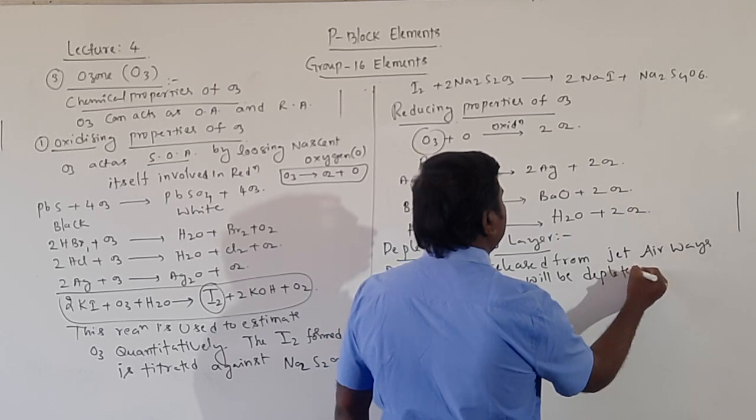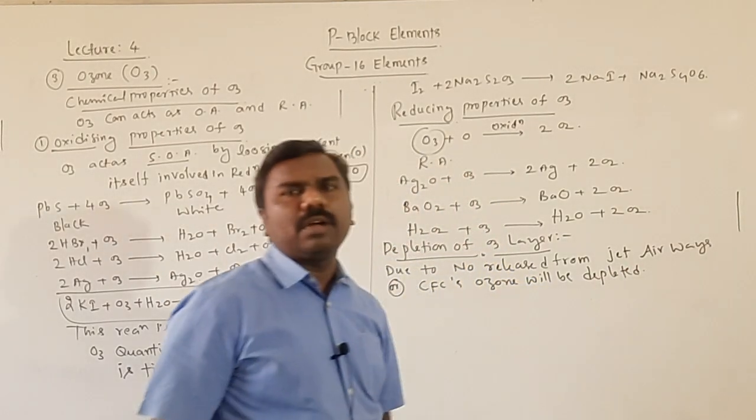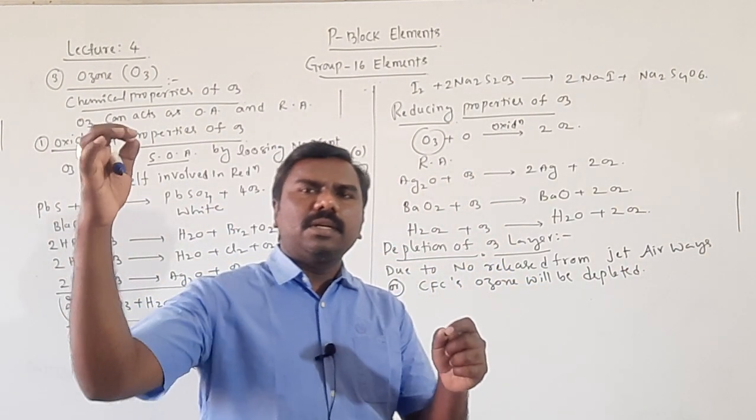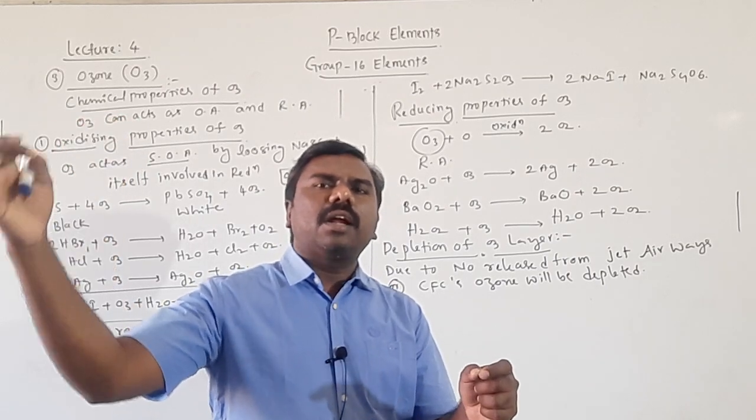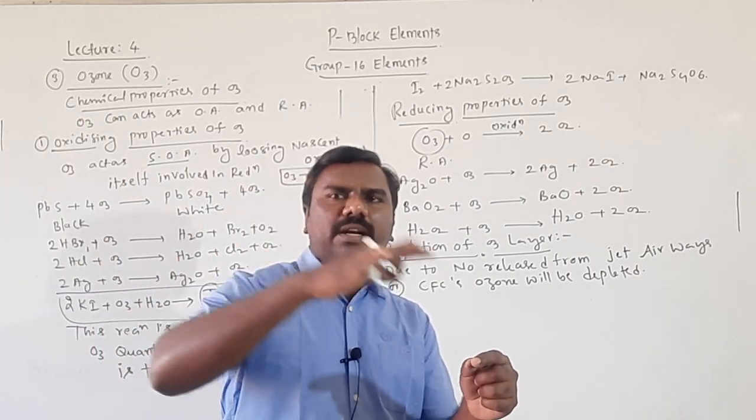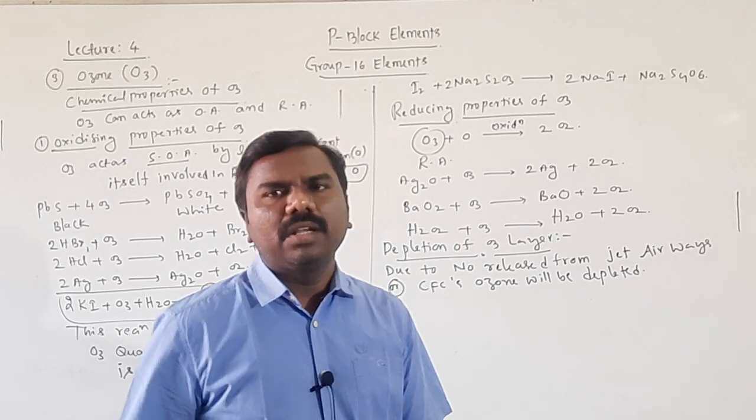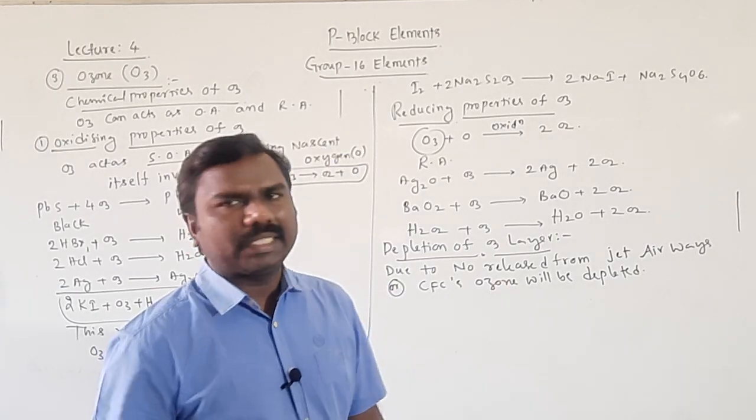It means there is a hole in the ozone layer, hence the ultraviolet radiation from the sun directly falls onto the surface of the earth, which causes many effects.